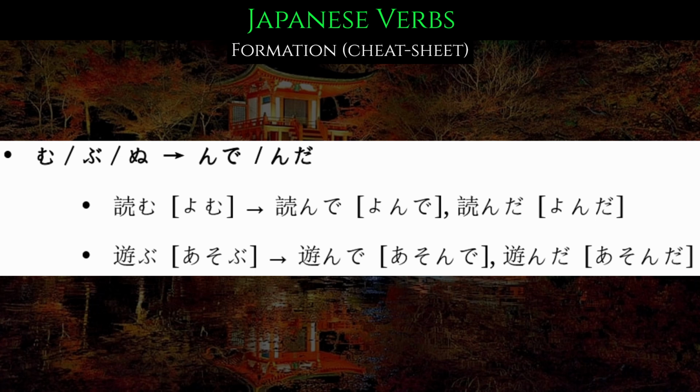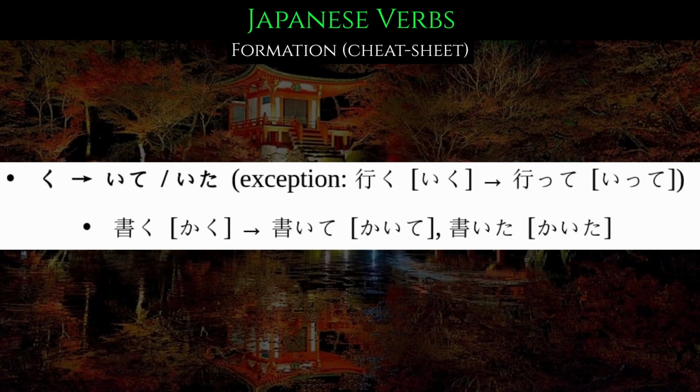Next we have mu, bu, or nu. This becomes nde or nda. For example, yomu, yonde or yonda. Asobu, asonde or asonda. Next we have ku.